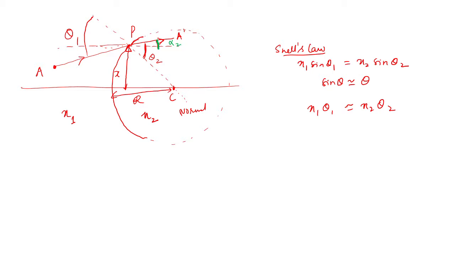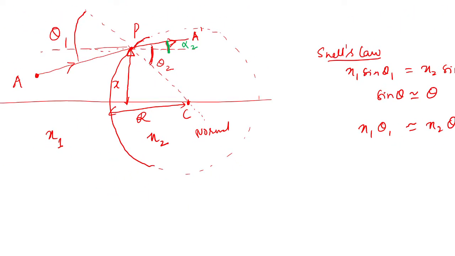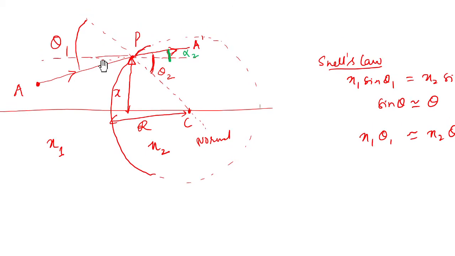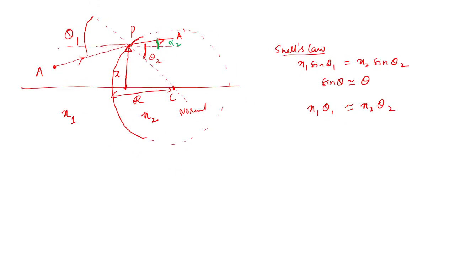So this we can call alpha 1, the angle with respect to the horizontal. And the angle between this and the normal, let's call that phi 1 here. The angle between this and the normal, this one, we call phi 2.